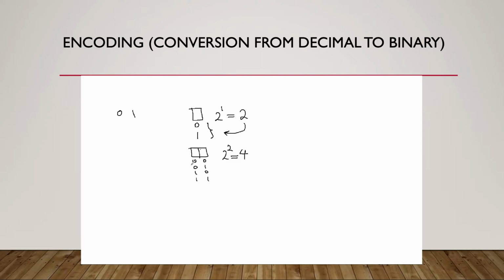Or for example, if you have 3 bits here, what can we do? What can we put here? I can put all of them 0, or 0, 0, 1, 0, 1, 0, and then 0, 1, 1, 1, 0, 0, 1, 0, 1, 1, 1, 0.